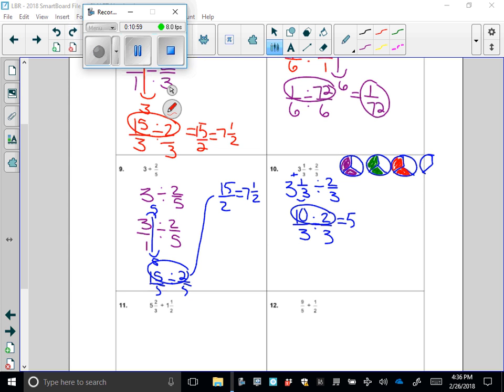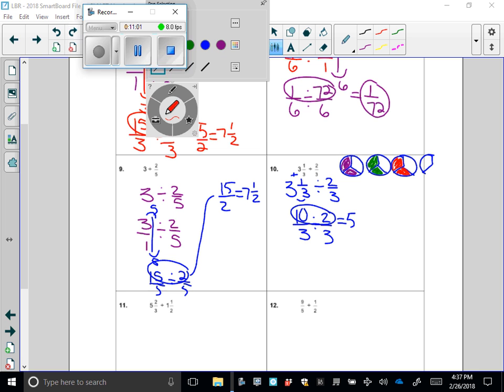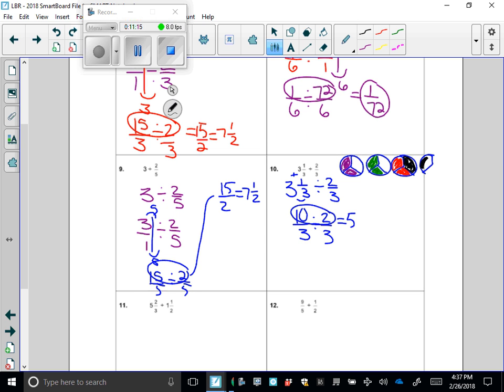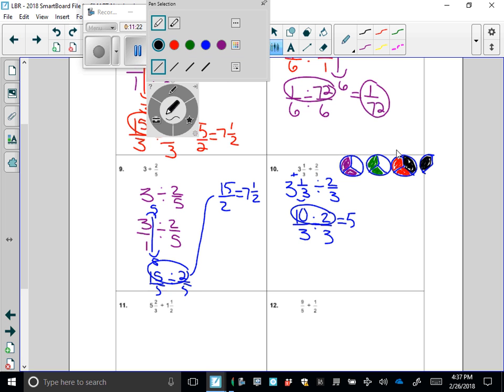And a different color. This is 2/3. But I have to kind of piece it together with that third and this third. So that's 4. And then the last one would just be this and this.